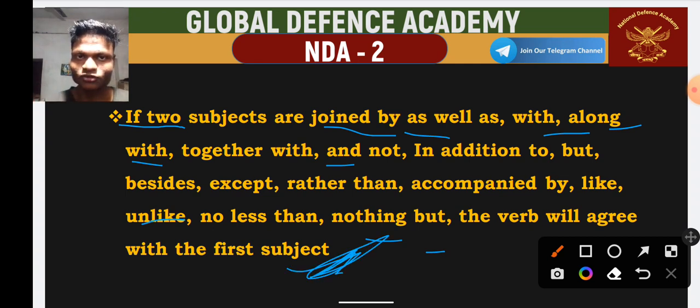You have to use the verb according to the first subject instead of the second subject.